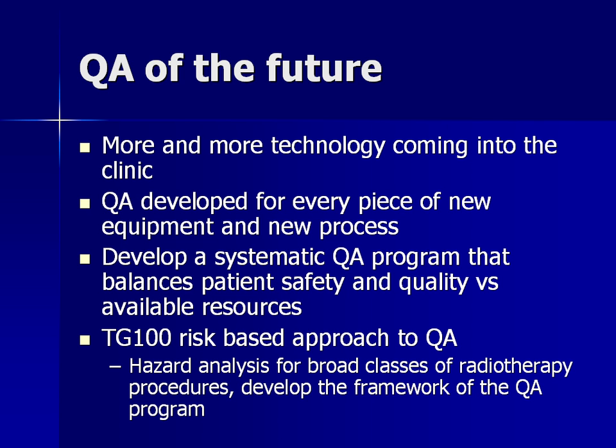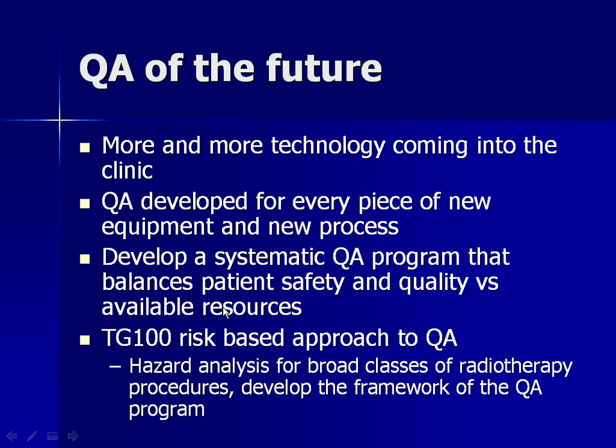Whereas what we want to try and do is develop a systematic QA program where we're going to start to drop things that we do that we find never change. These machines have become much, much more stable. And the things that matter less, we're going to check on an even less and less basis. But we want to make sure we balance that patient safety and quality versus our available resources.